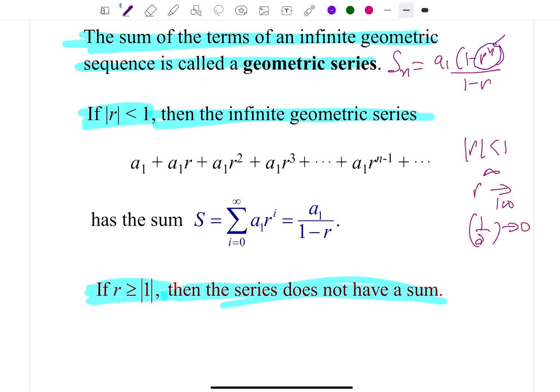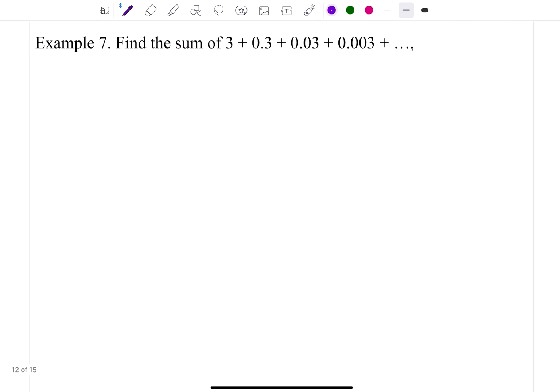So I'm just left with the formula a1 over 1 minus r for infinite terms. This is the sum of infinite terms for a geometric series. And we can only find the sum as long as the common ratio is less than 1. If the common ratio is greater than or equal to 1, the series diverges and we cannot find the sum of such a series.